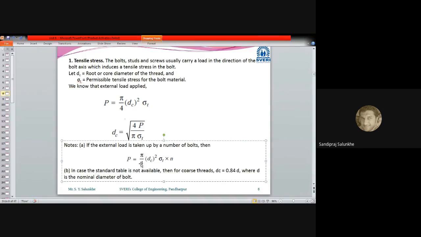So P is equal to pi by 4 d suffix c square into sigma t, multiplied by the number of bolts. This d suffix c is the individual diameter, and sigma t is the individual stress induced in an individual bolt. That will be the total external force sustained by n number of bolts.